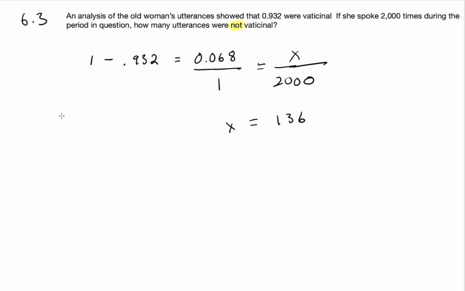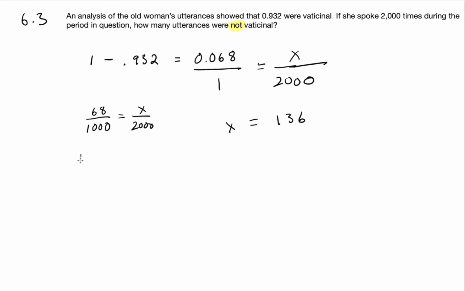You could do it the other way. Now that we know we needed 0.068, you could say 68 out of 1,000 equals x out of 2,000.